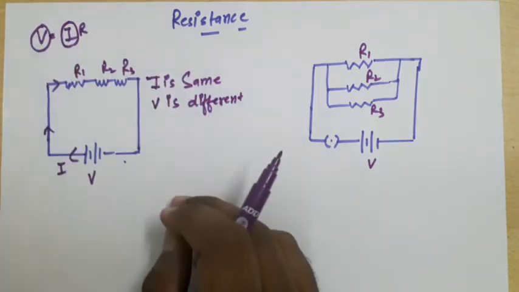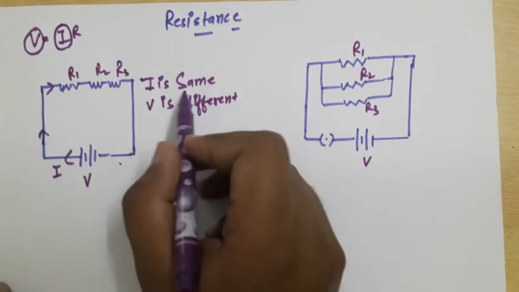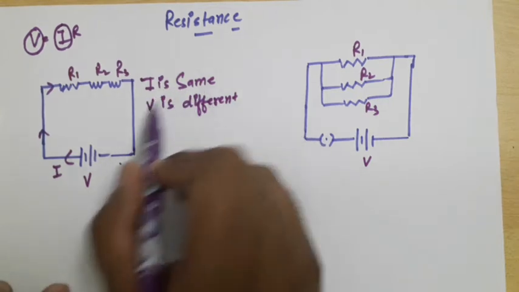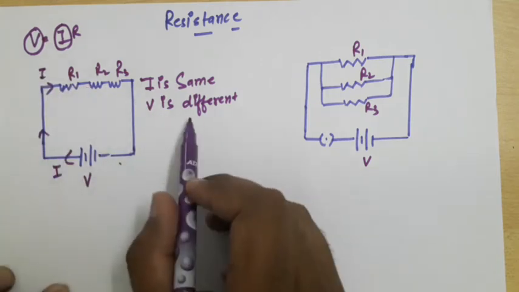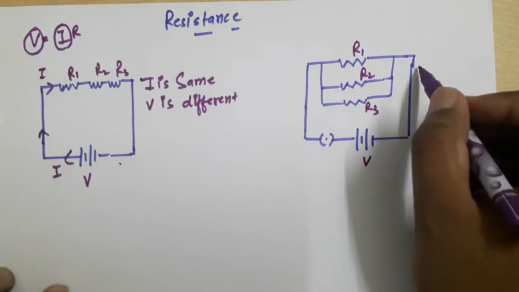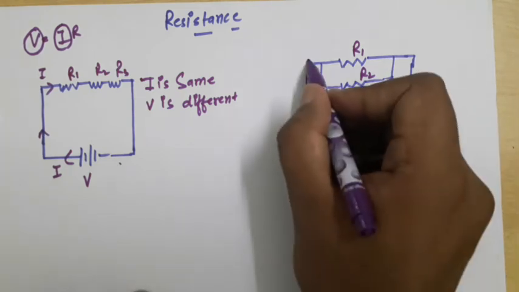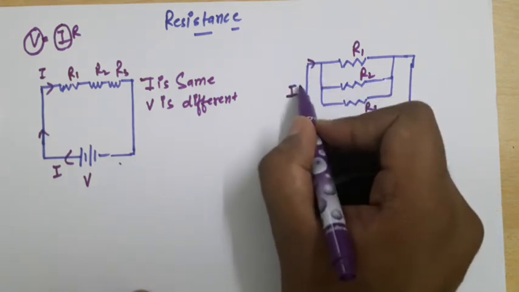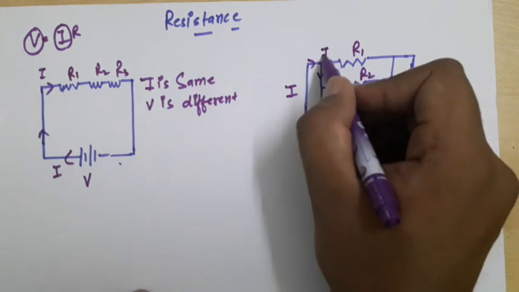In series, current is the same. As we can observe, this current I goes through all three resistors, but the potential difference will be different. In the case of parallel resistors, current flows from the positive terminal. Here the current is I, and it gets divided into I1 and I2.